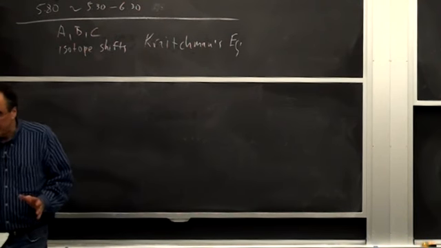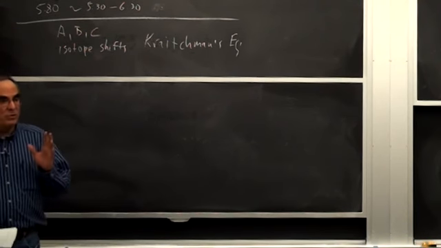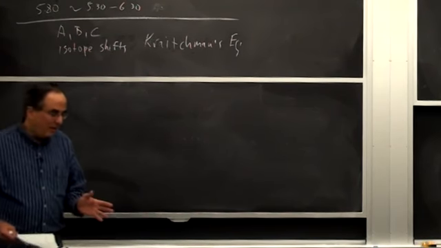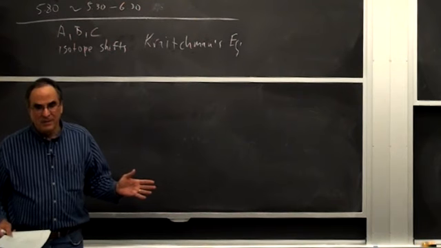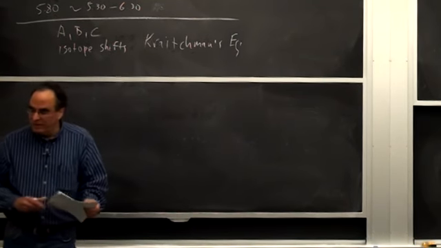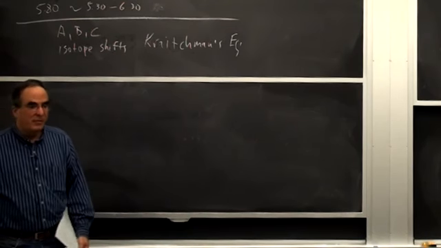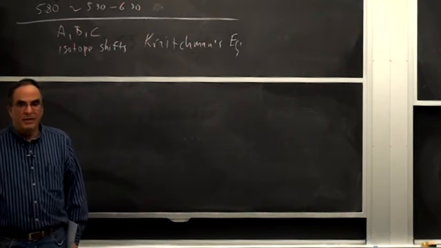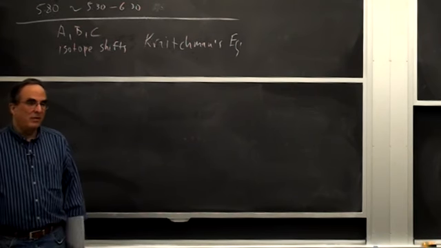Vibrational spectra provide too little information to determine all of the force constants in a molecule. Just a simple little calculation will convince you: if you have n atoms, there are going to be 3n minus 6 normal modes.